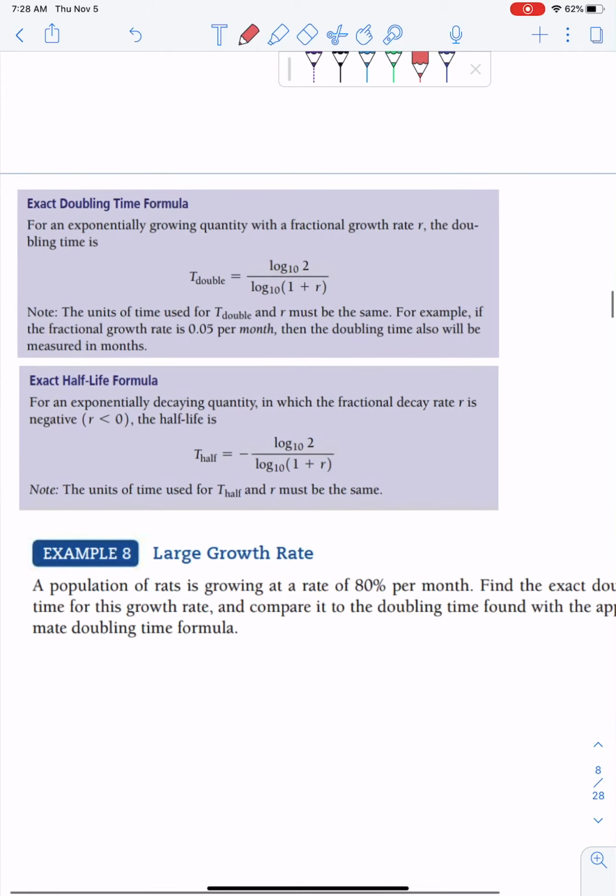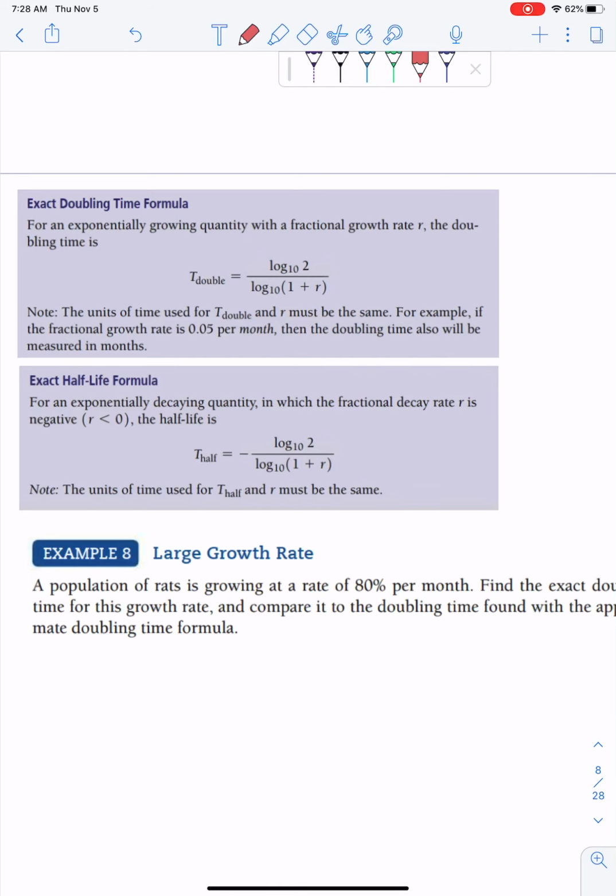The exact doubling time formula. So instead of using an approximation, the exact formula uses logarithms. And we'll maybe get into that at some point, how that comes about. But the exact doubling time is log base 10 of 2 divided by log base 10 of 1 plus r.